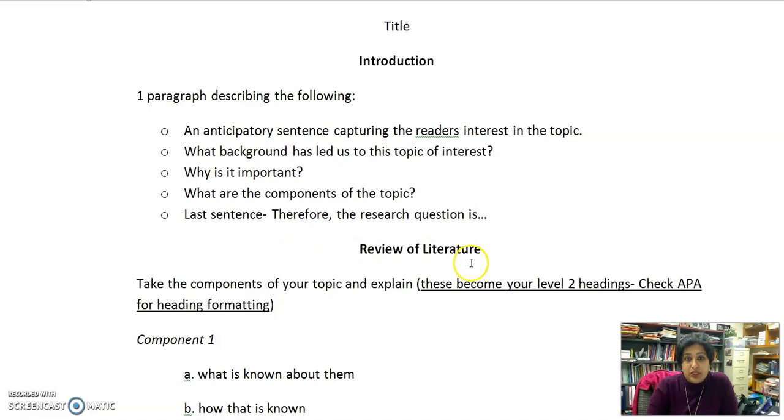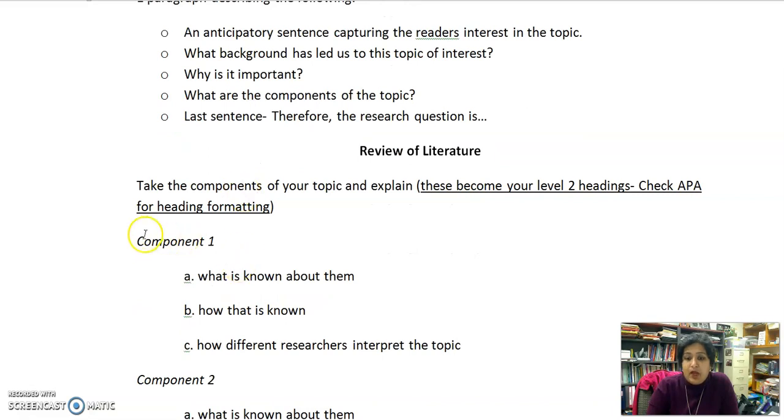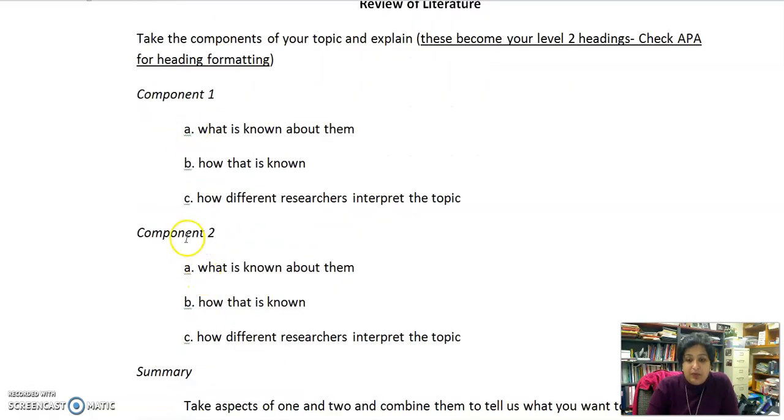Then comes the review of the literature. Whichever components you talked about in your introduction are going to be your subheadings, or level 2 headings, for your paper. Within each component, you are going to talk about what is known about them, how it is known, what the different researchers say, and how they interpret the topic.